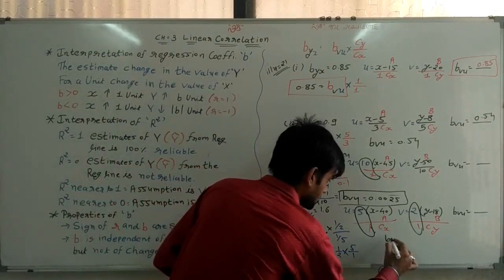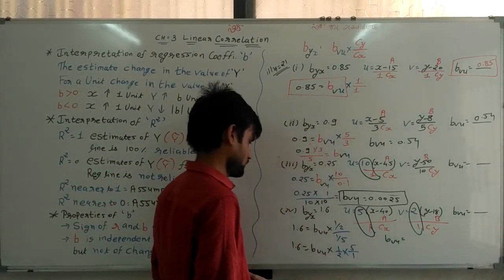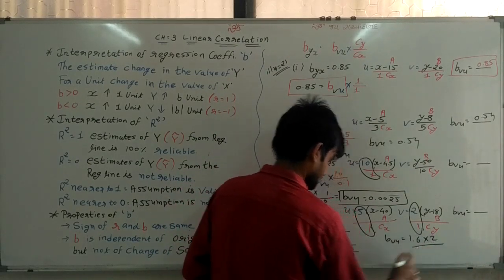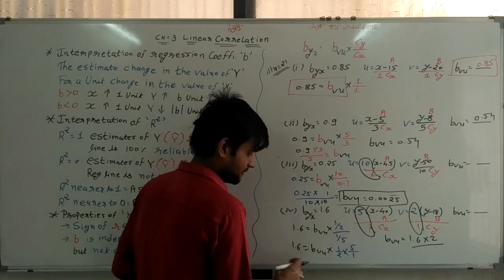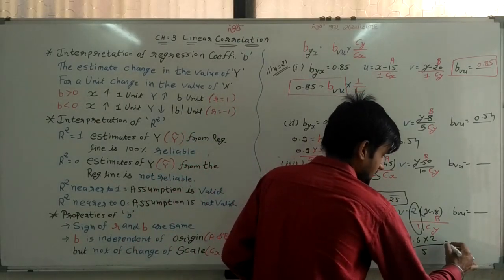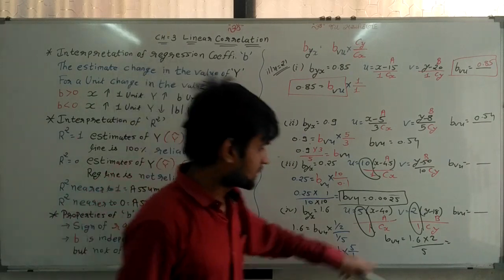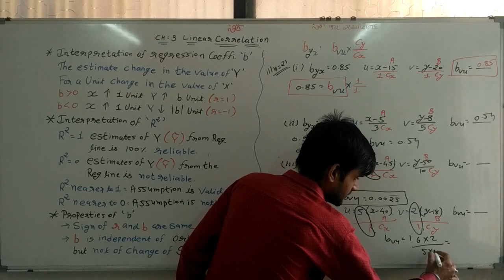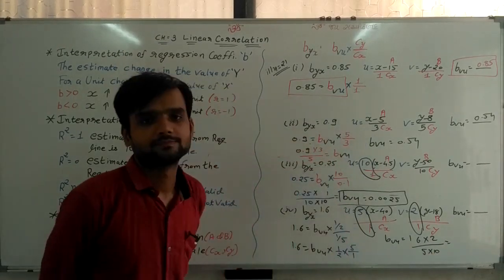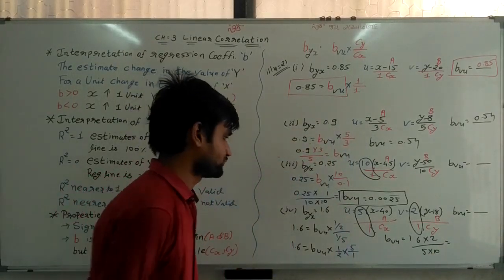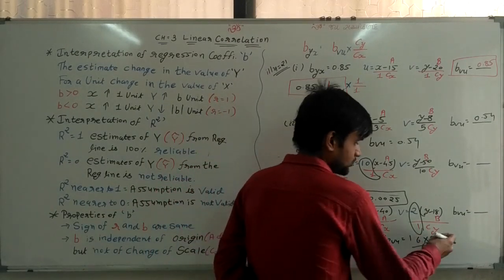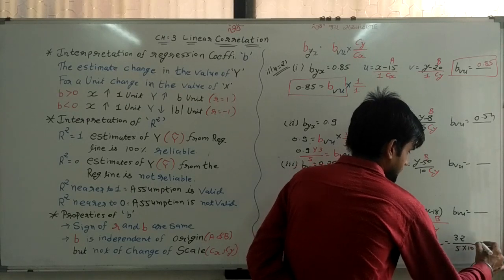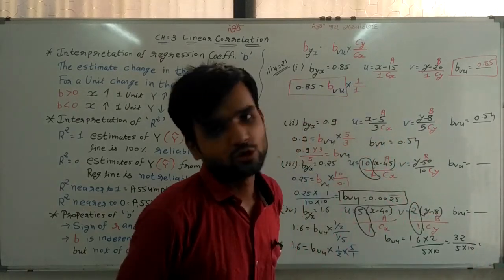So here, sir, BVU is equal to 1.6 into 2 in multiplication, 5 is in division, divided by 5. Now sir, 1.6 is given. If we need to cancel this point, in denominator 10 is there. Now 16 2s are 32 divided by 5 into 10. Now sir, again you can do in calculator.